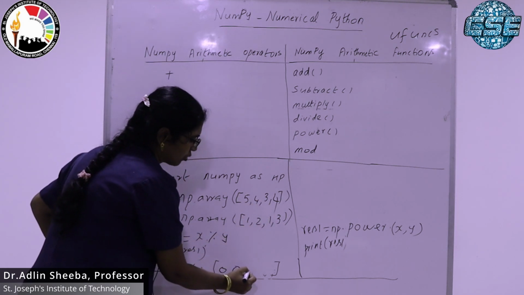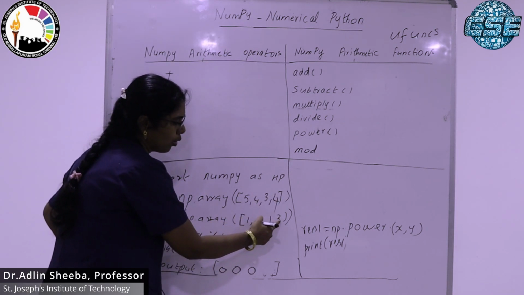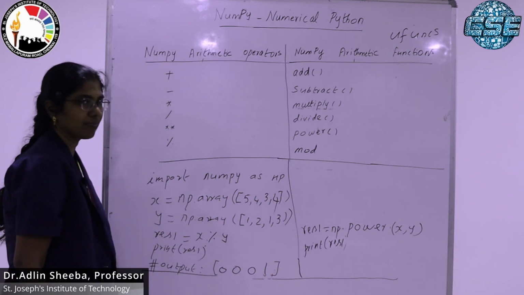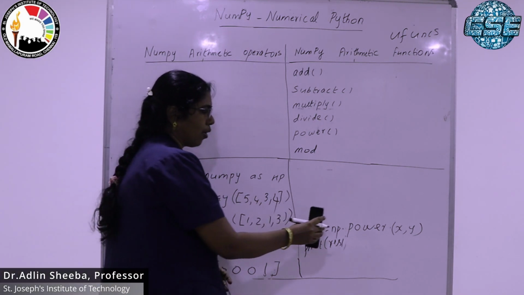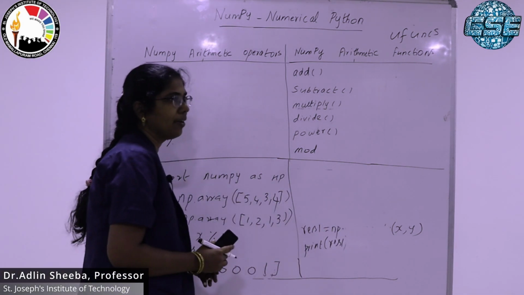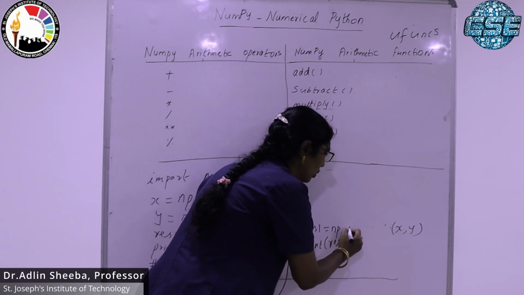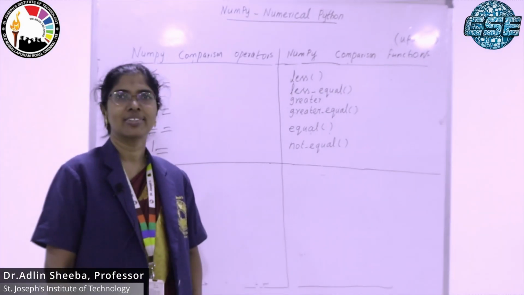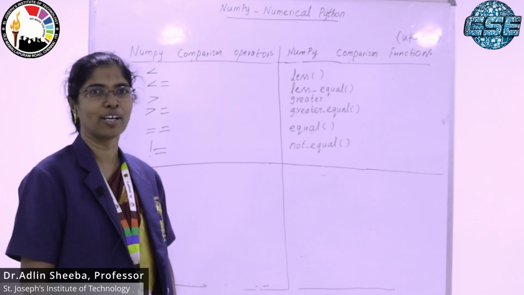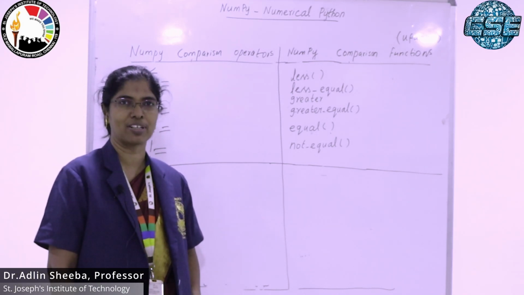Okay. 3 modulus 1 is 0, and 4 modulus 3 is 1. Okay, this is the remainder we have, and we have a corresponding ufunc in NumPy. So here we are going to use modulus.